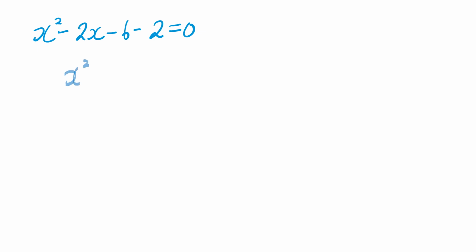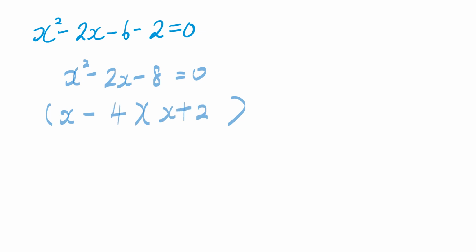So we would have x squared minus 2x minus 8 equals 0. This can be easily factorized into x minus 4, x plus 2.